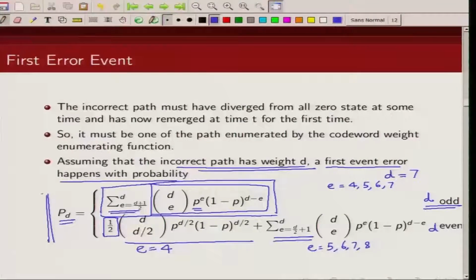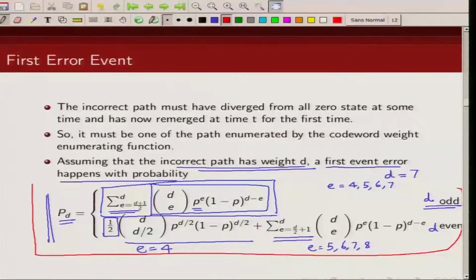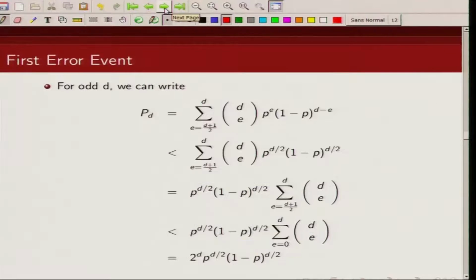This was the expression for the first event error probability. We will first do it for when d is odd, and then for when d is even. So, when d is odd, the expression is given by this.